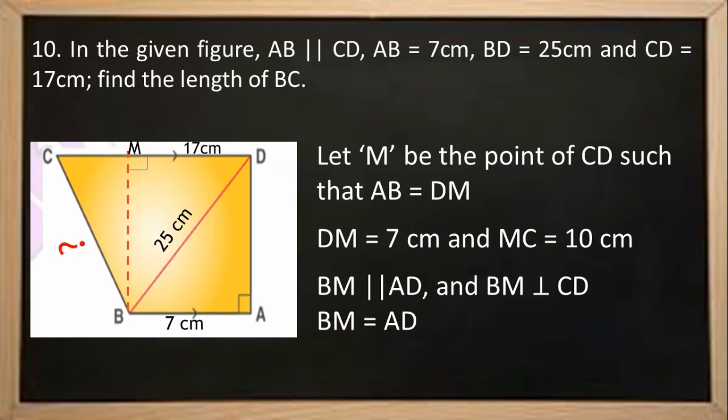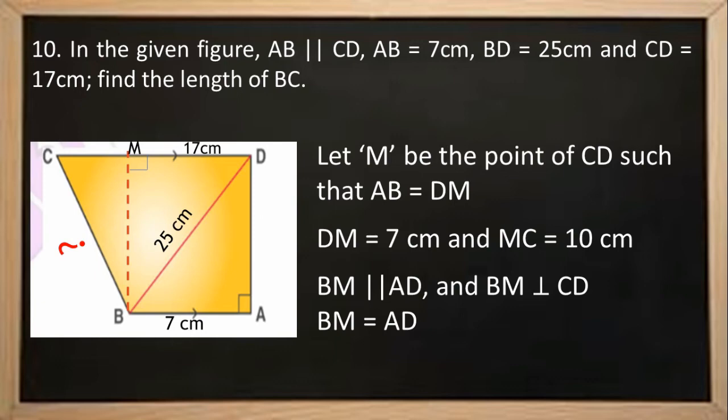So first in the diagram, we were knowing only the base and a right angle is formed at angle A. As we need to calculate the length of BC, we draw a line parallel to AD, considering AD as the distance between the two parallel lines. That line is called BM and it is perpendicular to the base CD.